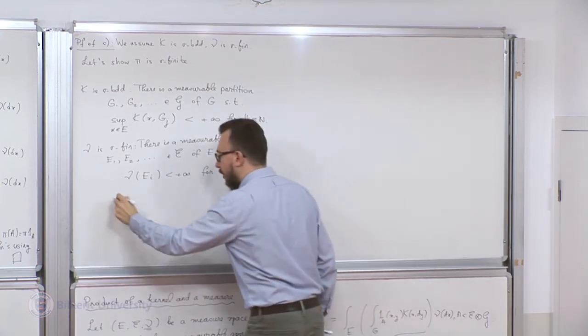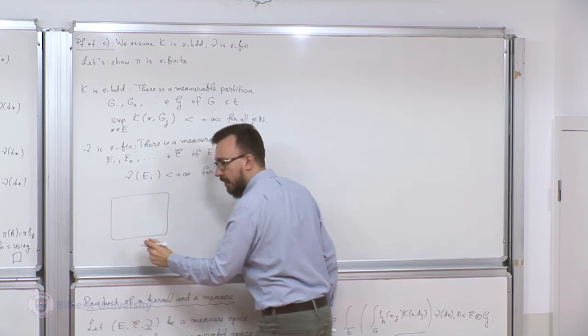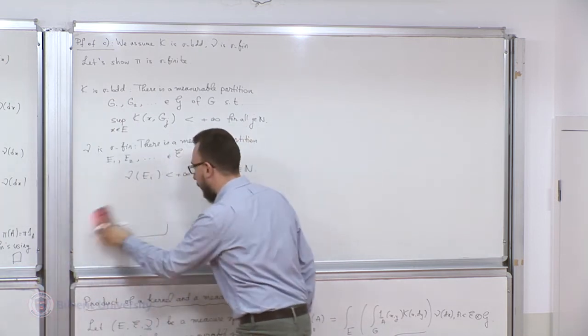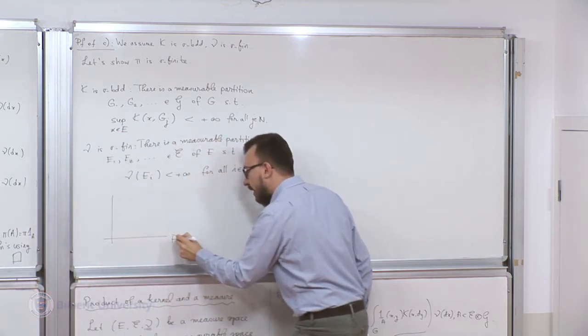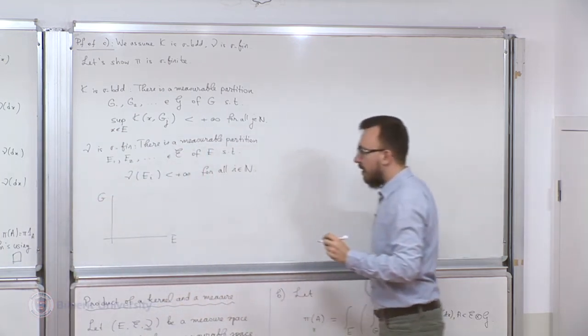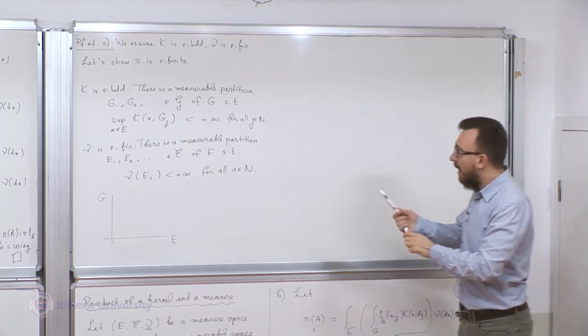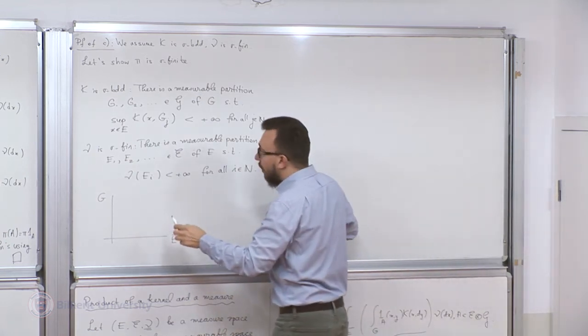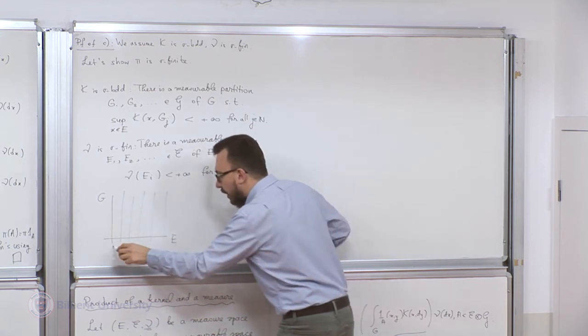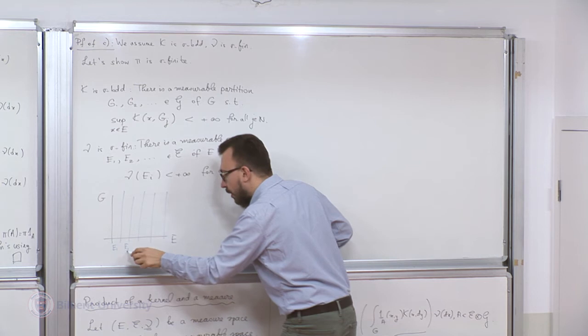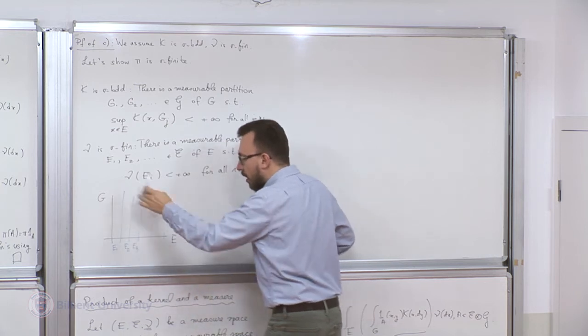So we have our product space. Let me not draw it this way. So let's say this is E and this is G, okay? So you have a grid for E like this, E1, E2, E3, okay?